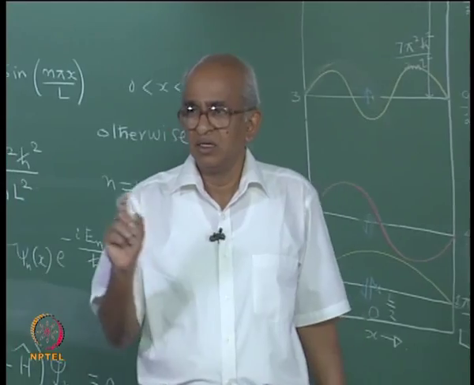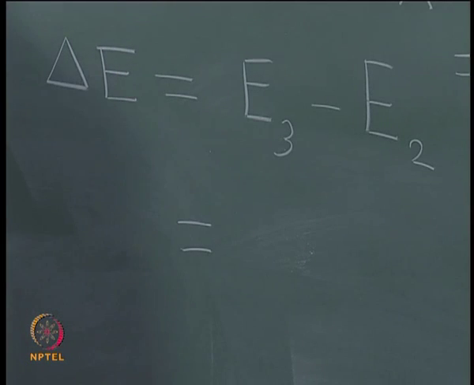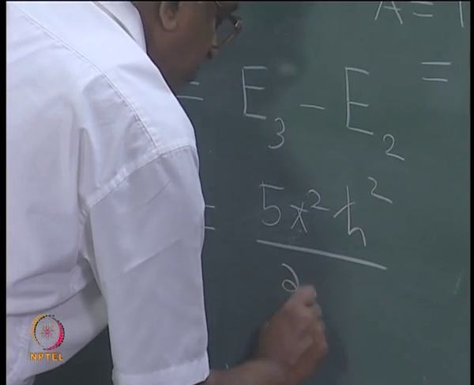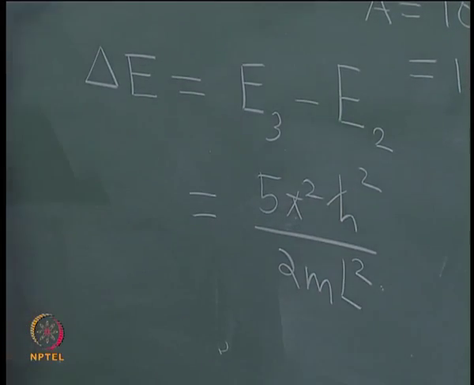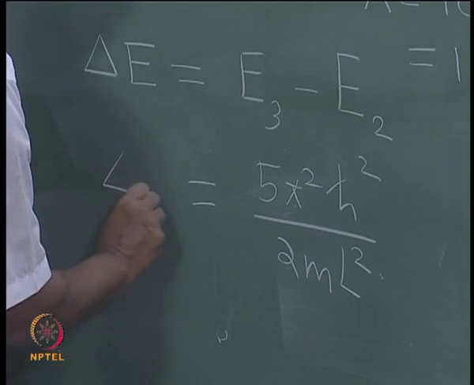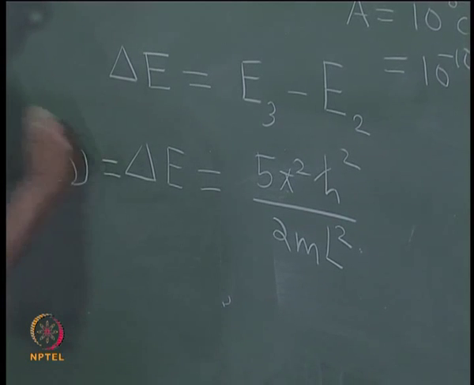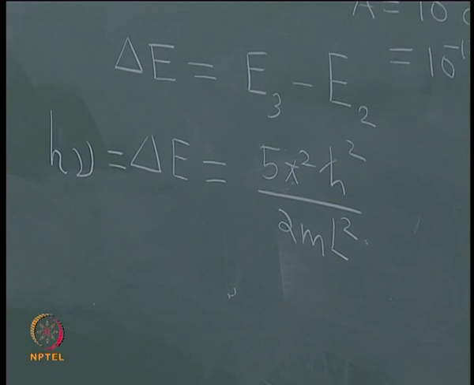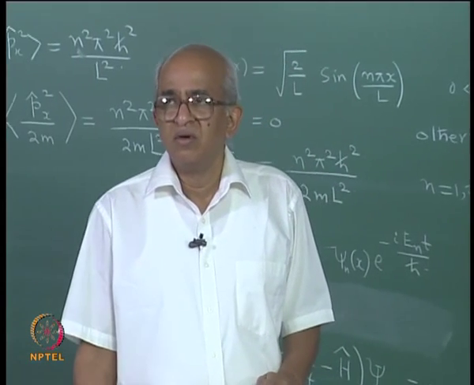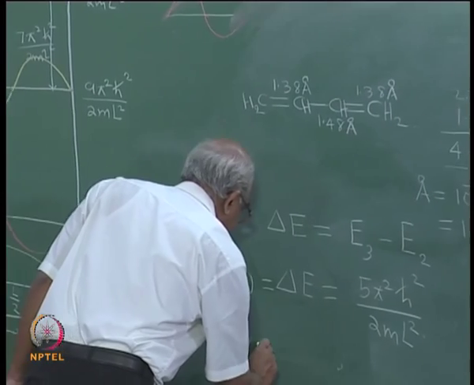That is the change in energy, and that will be equal to 5 pi square h cross square divided by 2 m L square, and that should be equal to the change in energy. And if this is brought about by a photon of frequency nu, then h nu has to be equal to the change in energy, and that must be equal to so much. And so, it is possible for you to calculate nu.